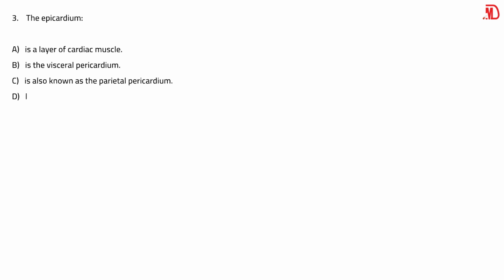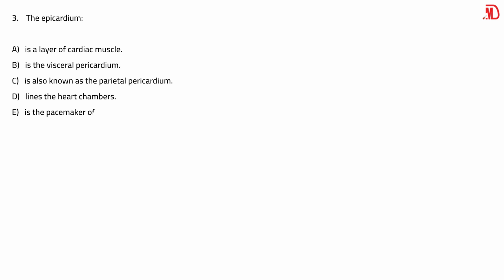Question 3. The epicardium A is a layer of cardiac muscle. B is the visceral pericardium. C is also known as the parietal pericardium. D lies the heart chambers.